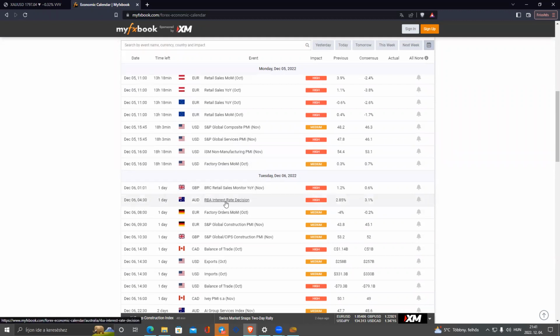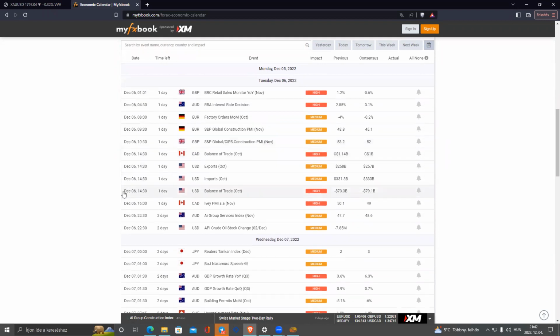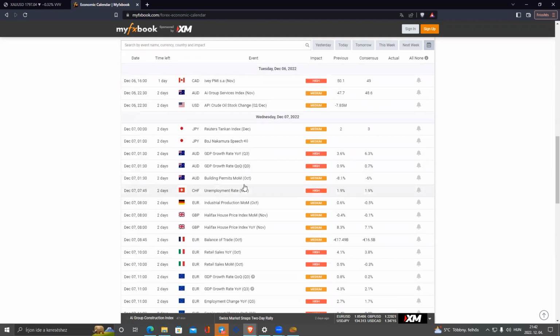This is an interesting news on Tuesday, 4 a.m. This will be something to trade on or to wake up early. Balance of trade on the Canadian dollar, maybe. The Australian GDP, maybe.